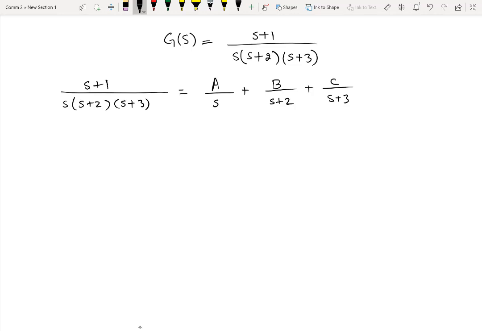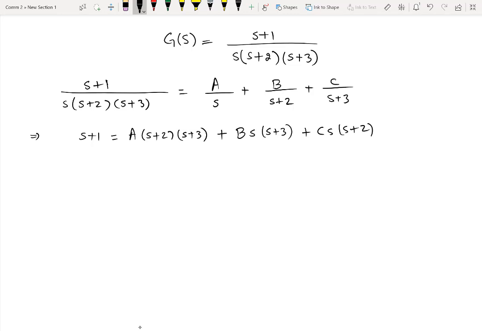Now, as per the partial fractions procedure, we will multiply both sides with the denominator. So when we multiply, the result is (s plus 1) on the left hand side. On the right hand side we will have A into (s plus 2)(s plus 3), and then B into s(s plus 3), and then C into s(s plus 2).